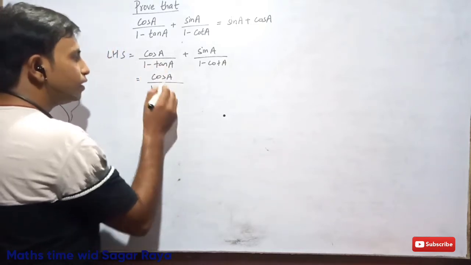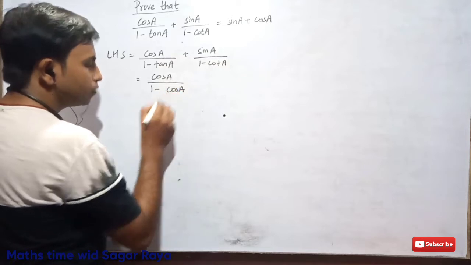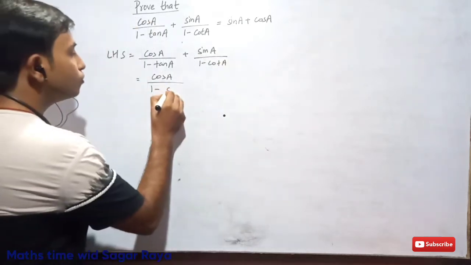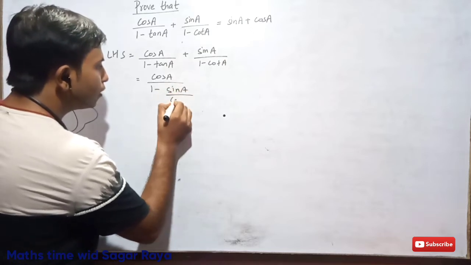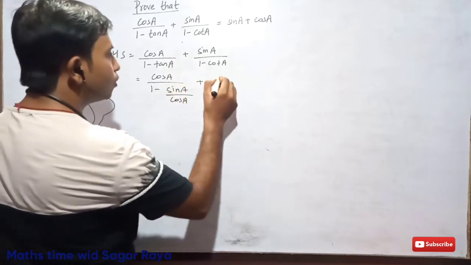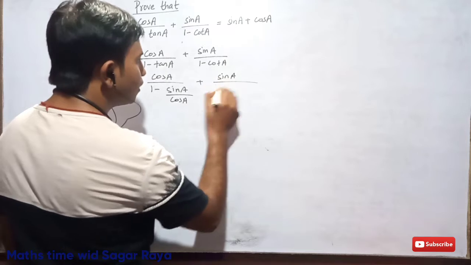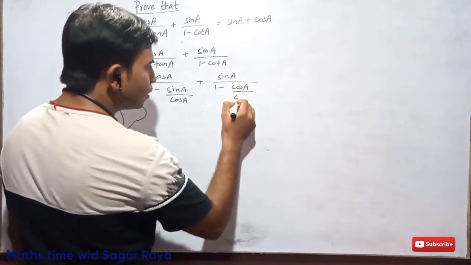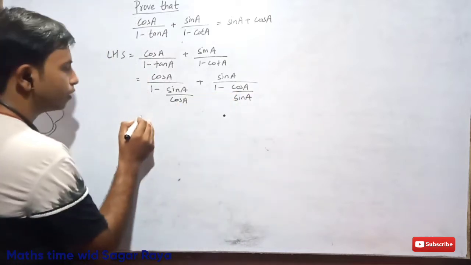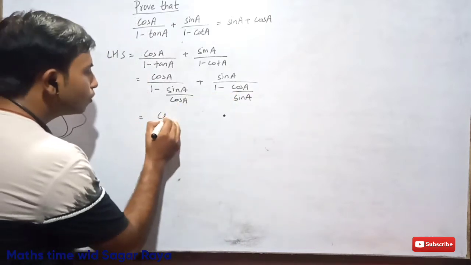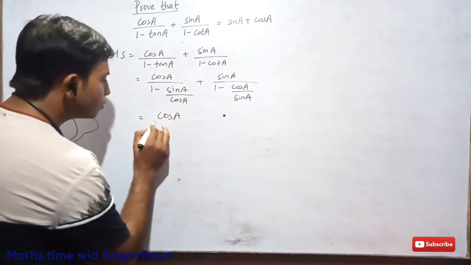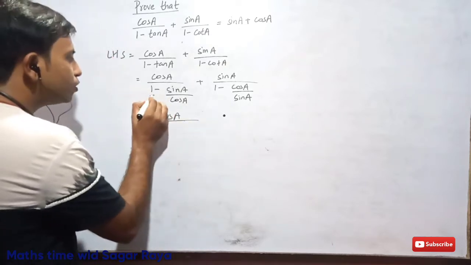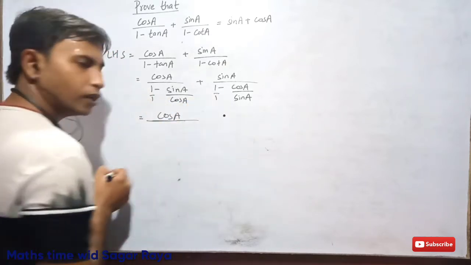Now 1 minus tan A, I can change this: tan A equals sin A by cos A, plus sin A divided by, instead of cot A, we can write cos A by sin A. Here nothing means we can write 1, here also we can write 1.